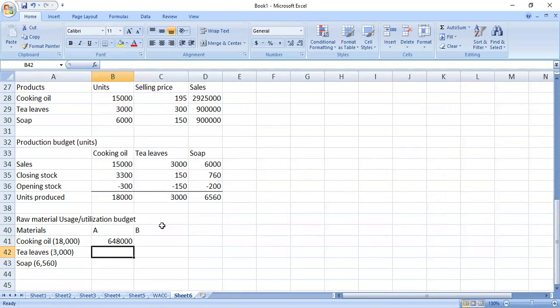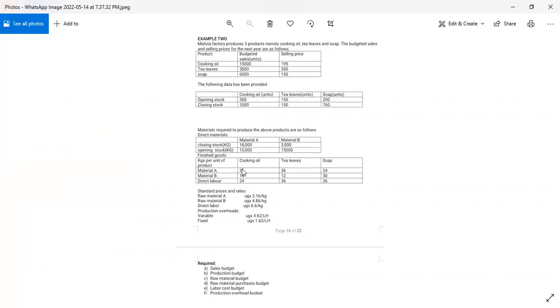You can look at another line on the data. We can try something at random. Let's say B for soap. So for soap, as far as material B is concerned, we're spending 30 kgs of material B to make 1 unit of soap.